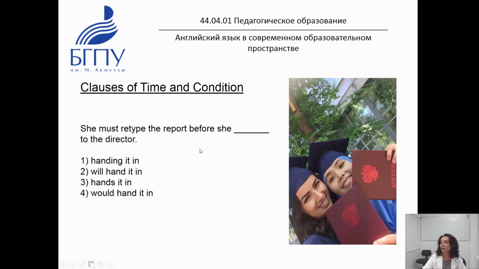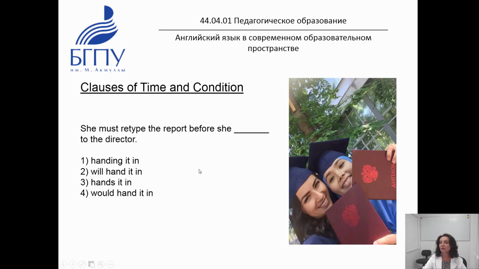So if we transform the sentence into the past, for instance, we can eliminate that must, and we can use the past simple tense in the main clause, like she retyped the report before, and then comes the continuation. And again, according to the rule, to render the meaning of futurity, we should use the present tense instead of the future.